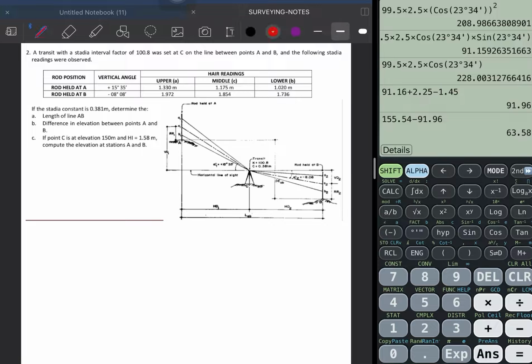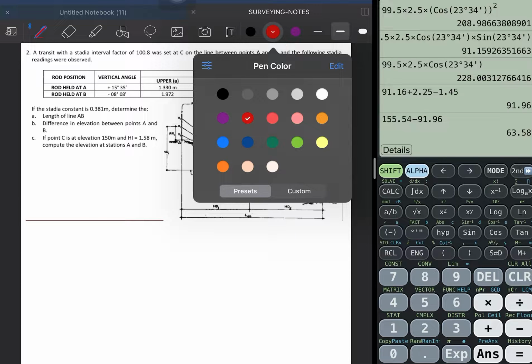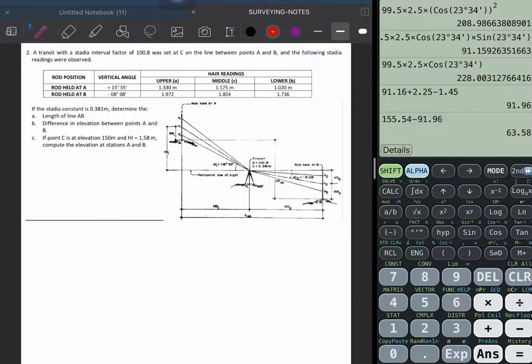So let's have the horizontal distance. So let's have the solution, class. Solution. A, length of line AB. So length of line AB is equivalent to HD1 plus HD2.